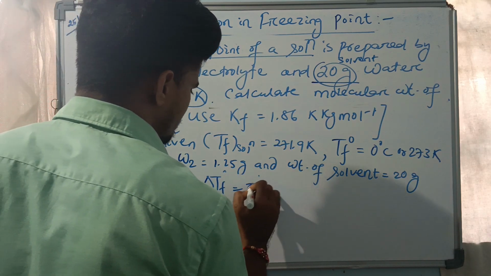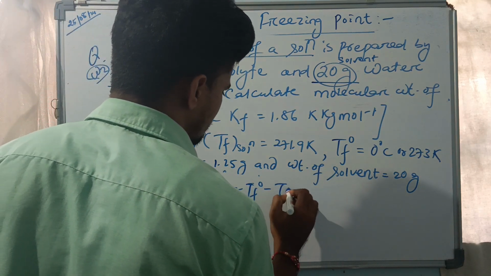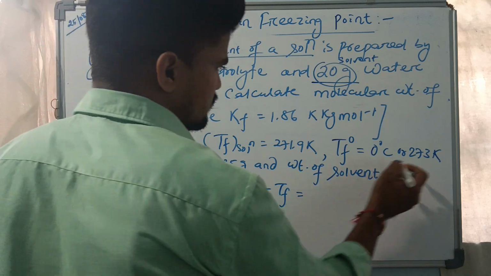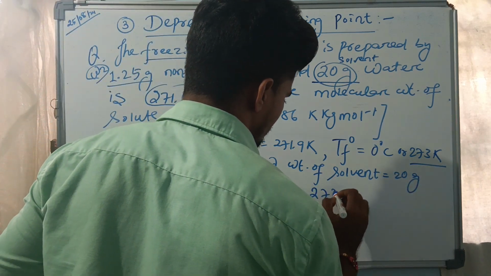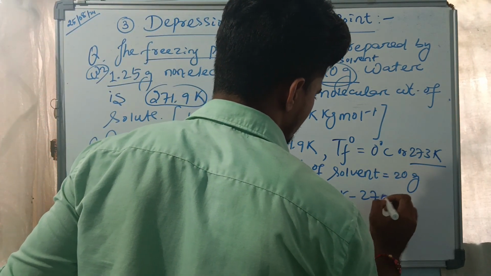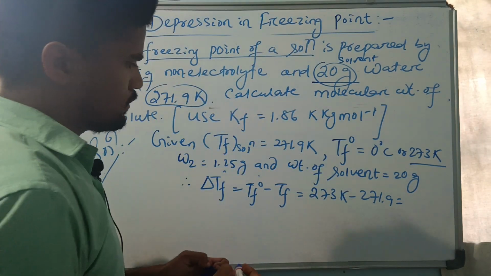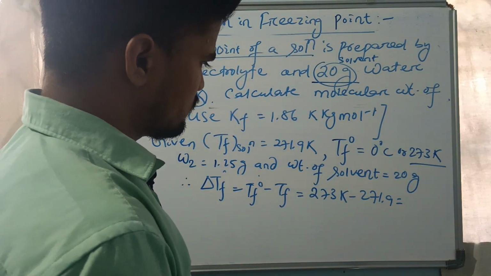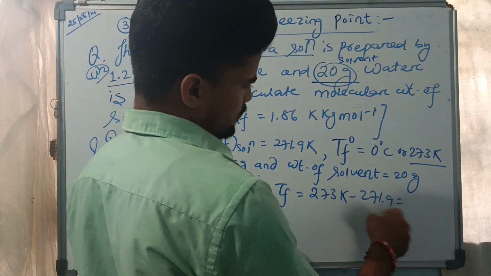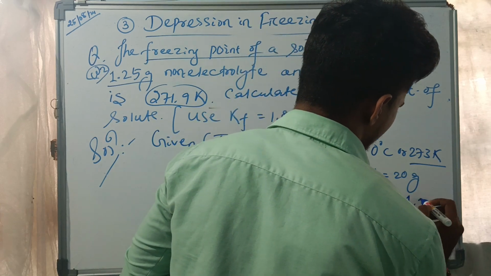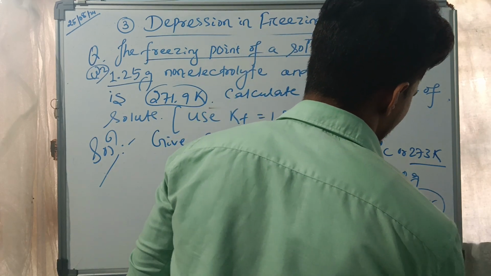Delta Tf is Tf naught minus Tf. Tf naught is 273 Kelvin, so 273 Kelvin minus 271.9 is 1.1. So we get delta Tf as 1.1 Kelvin.